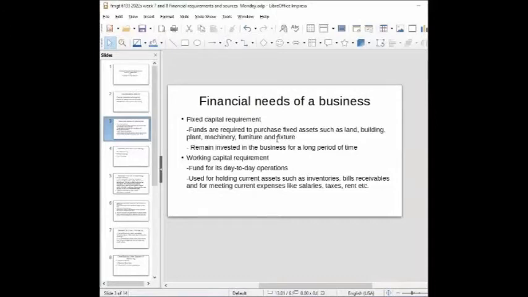This is termed as the fixed capital requirements of the company. The funds required in fixed assets remain invested in the business for a long-term period of time. In accounting, we call these capital expenditures.